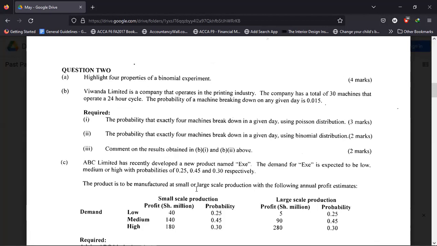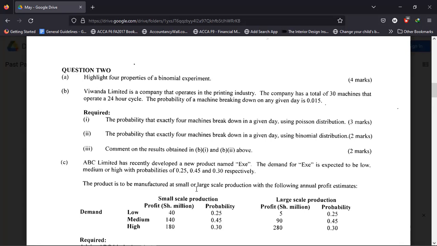Viwanda Limited is a company that operates in the printing industry. The company has a total of 30 machines that operate a 24-hour cycle. The probability of a machine breaking down on any given day is 0.015.